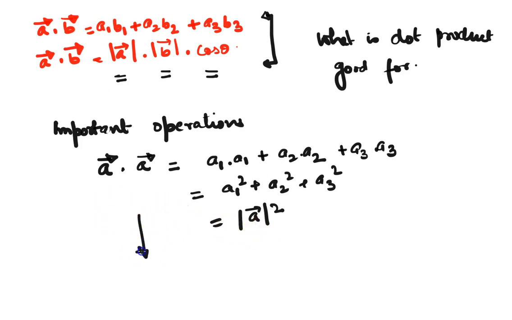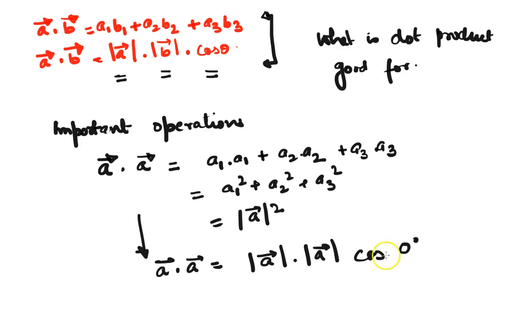Using another formula, we can also prove that A dot A equals the magnitude of A into the magnitude of A into cos of the angle between them, which is 0 degrees, which is equivalent to 1, and therefore this is A square. So whether you use formula 1 or formula 2, you come to the answer that A dot A is the magnitude of the vector whole square.